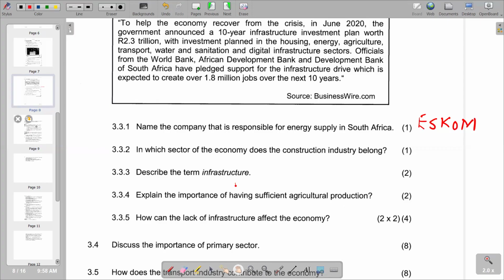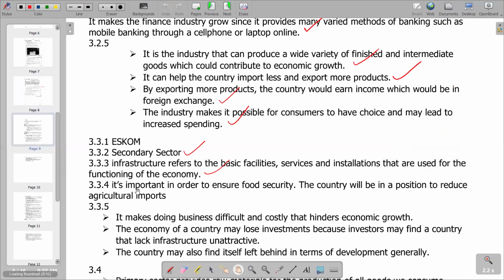If you go to the explanation that we have, it's saying it's important in order to ensure food security, and the country will be in a position to reduce agricultural imports. So we have import substitution whenever we increase agricultural production. So basically it becomes an advantage. So this is what we have on 3.3.4.